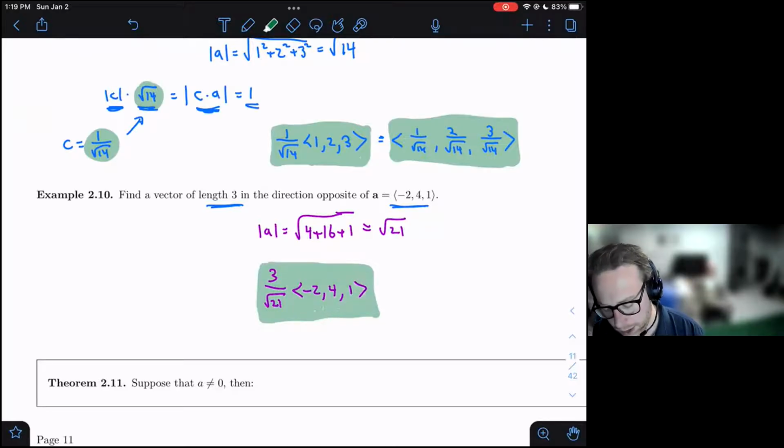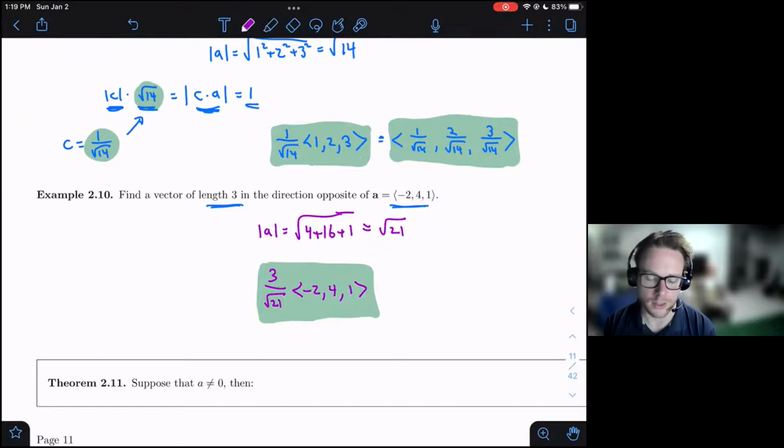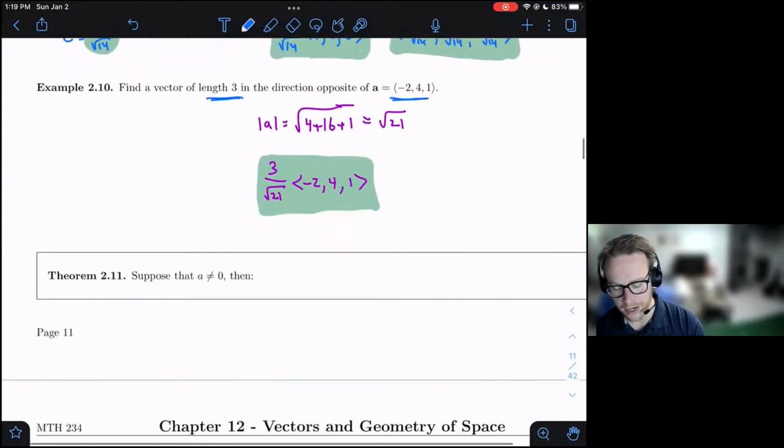And I would like to give you a theorem related to this as well. If I remember correctly, this isn't in the textbook, but I do think it's a nice theorem.